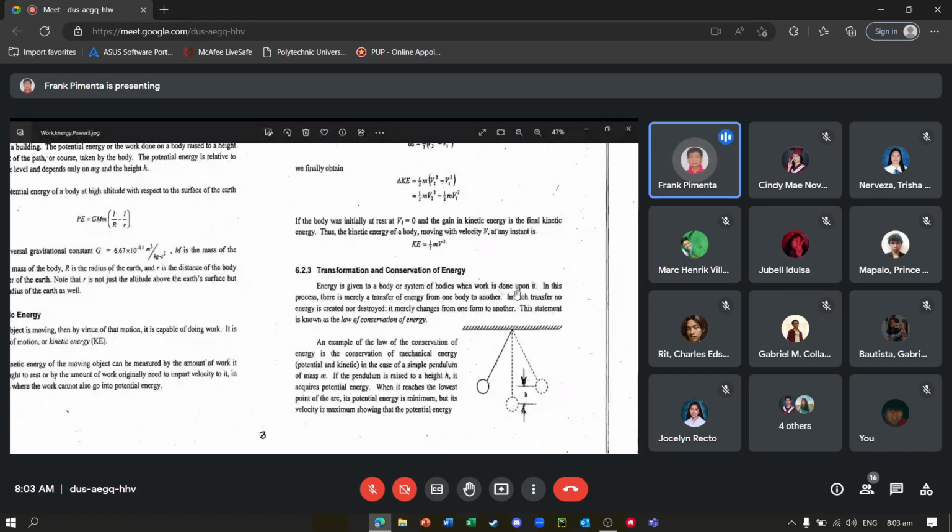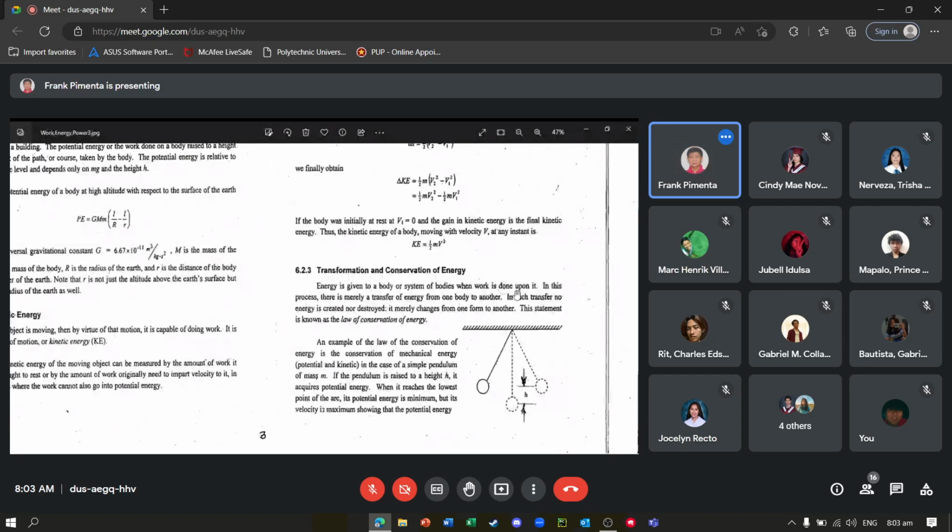But if the height is maximum, the energy here is maximum potential energy, because potential energy is equal to mgh maximum. Okay.